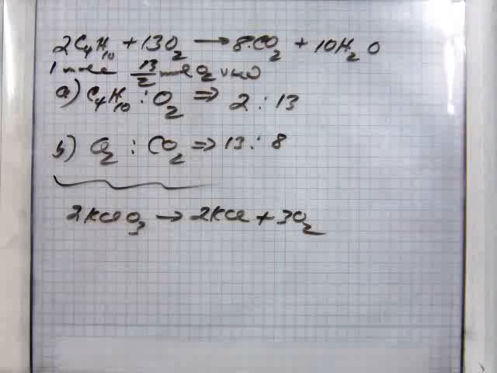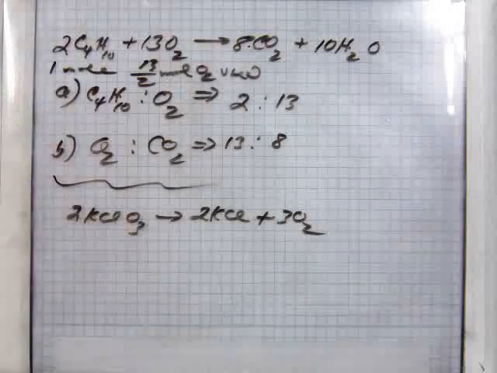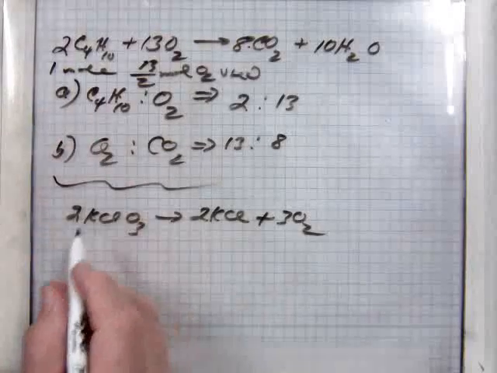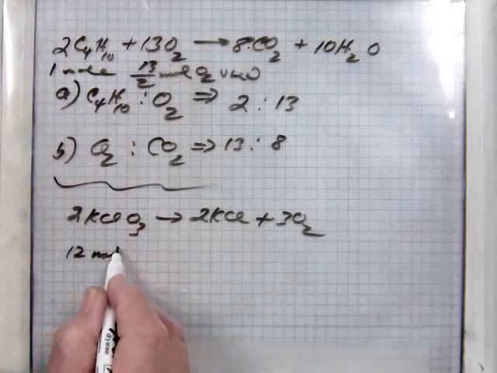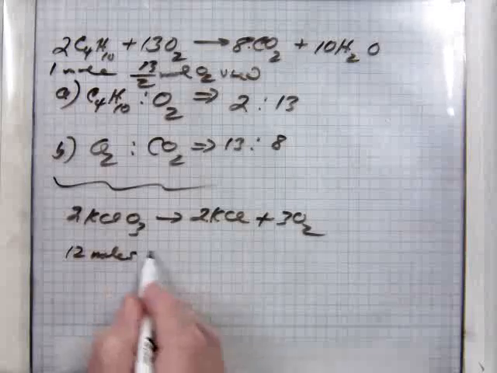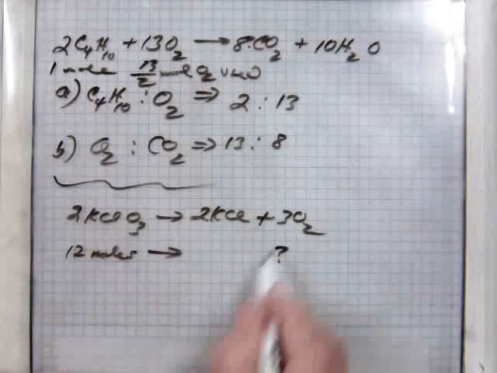Remember the chlorates? Chlorates, bromates, iodates. So they're giving us 12 moles in here, will produce, and they're asking for moles of O2. Put a question mark over here.